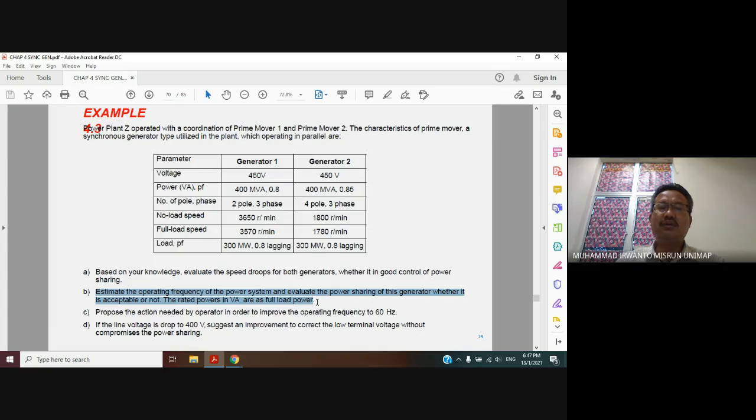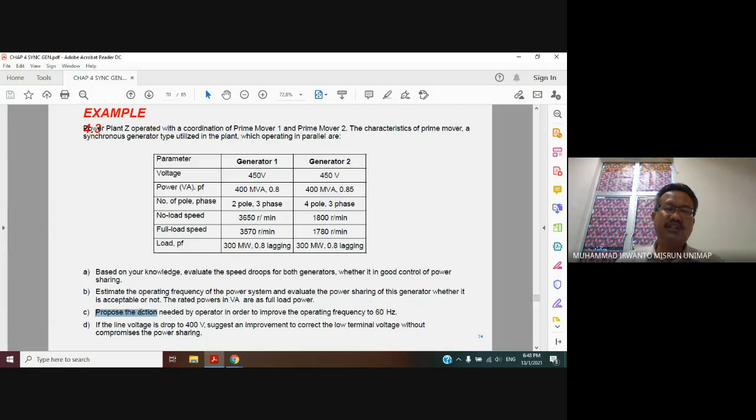Here we declare that the power capacity in VA is the full load condition, meaning each generator can serve the maximum load given by this one for generator 1 and this one for generator 2. If you want to convert the unit to megawatt, multiply MVA by 0.8 here, or multiply MVA by 0.85 here.